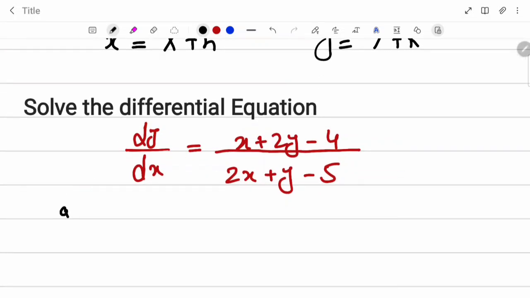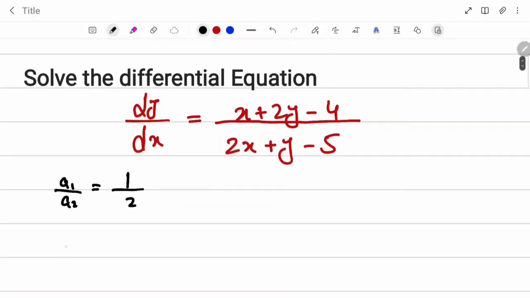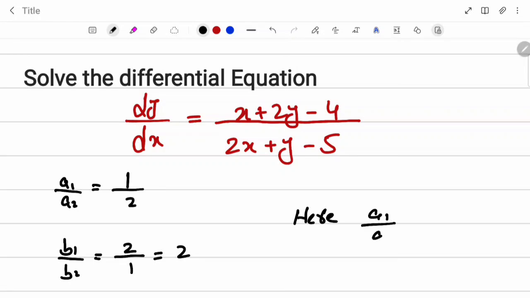So there we have a1 upon a2, that is 1 upon 2, which is 1 by 2 only, and then b1 upon b2, that is 2 by 1, which is 2. So here a1 upon a2 is not equal to b1 upon b2. So we need to make a substitution.